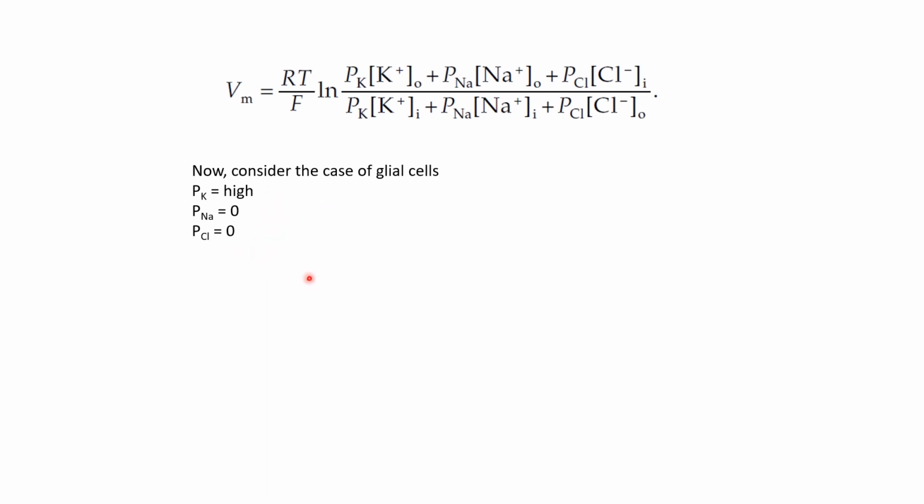So in this case, if we set PNa and PCl to be 0, then all these terms cancel out and become 0, and what remains is just this term. So the final resting membrane potential becomes RT over F ln of PK K+ outside over PK K+ inside, and PK cancels out, and what we have left is basically the Nernst equation, RT over ZF, where Z is just 1 now, ln of K+ outside over K+ inside.